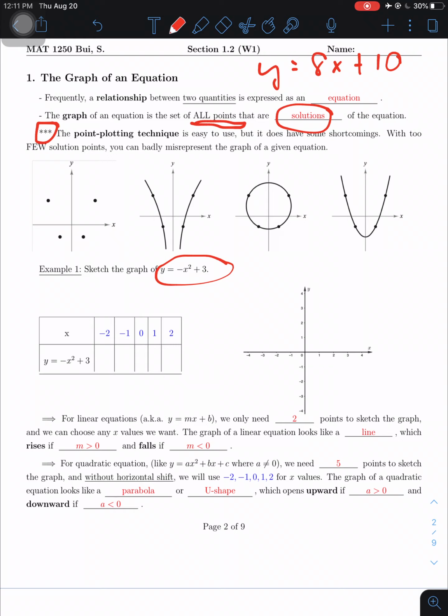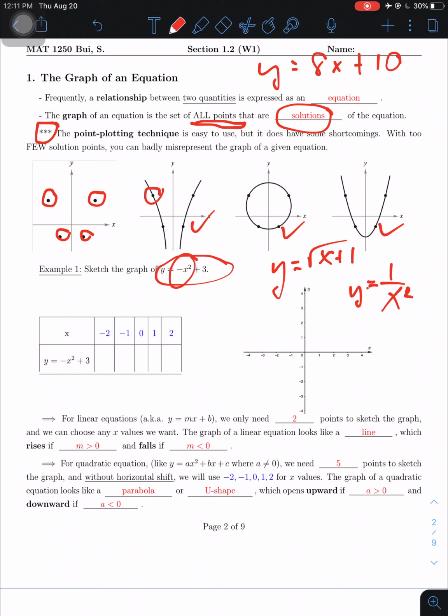But if you have x squared, or later on in the future, you might have something as ugly as the square root of x plus 1, or something bad like y equals 1 over x squared. Something not as simple or as lovely as just x plus 1 or some x and some number. Then it might be hard to get the graph just by plotting points. Okay, for example, if we go for 4 points here, the graph could be like this, or it could be like this, or it could be like this.